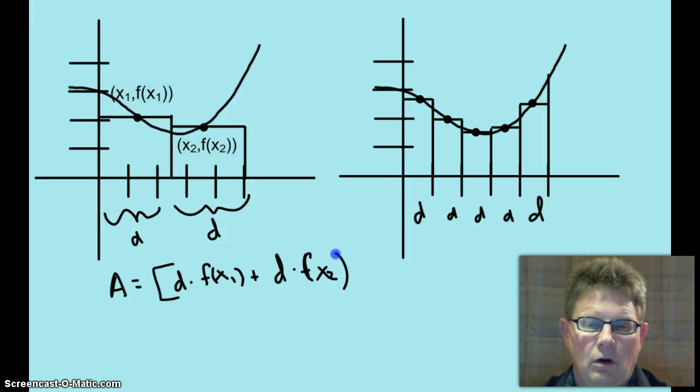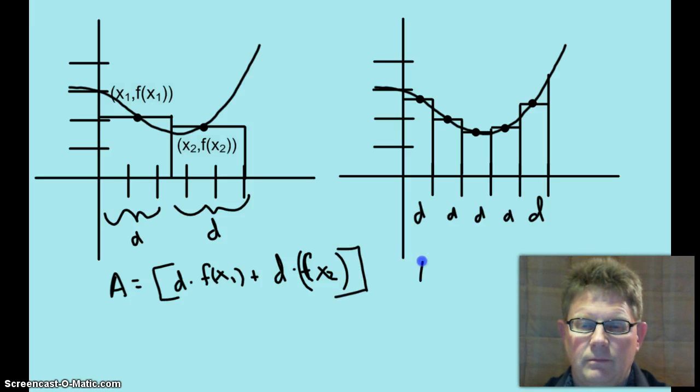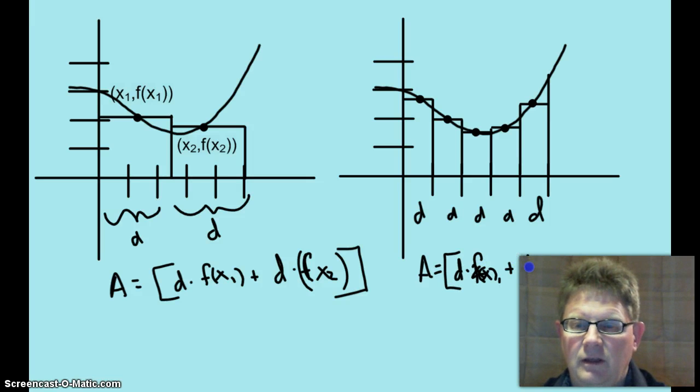So Riemann sums is always about finding the area of rectangles. In this one, this is going to be ridiculous, but that's okay. D times f of x sub 1 plus D times f of x sub 2 plus D times f of x sub 3 plus D times f of x sub 4 plus D times f of x sub 5.